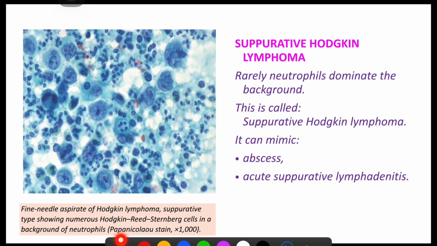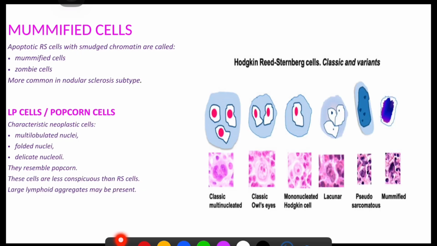So, in this category, there is predominantly neutrophils in background, and there are multinucleated or binucleated Reed-Sternberg cells in smear. So, this is called suppurative Hodgkin's lymphoma. It can mimic abscess or acute suppurative lymphadenitis. So, we have to carefully search RS cells to diagnose this suppurative Hodgkin's lymphoma.